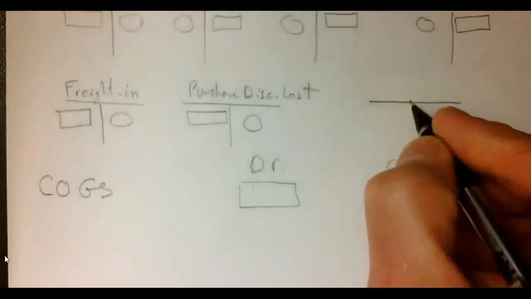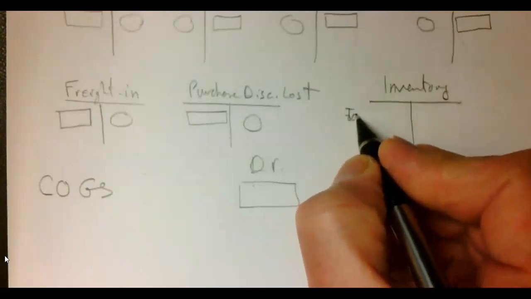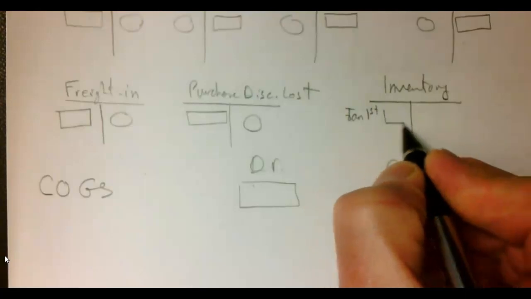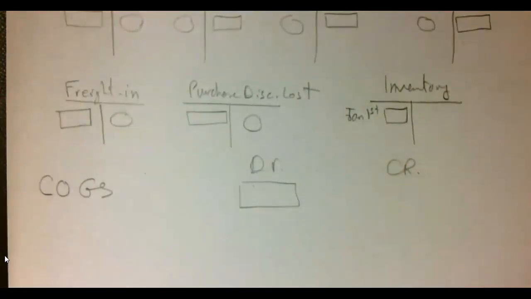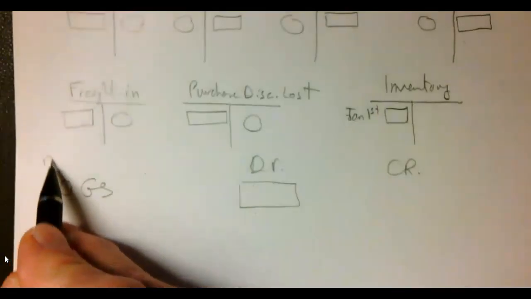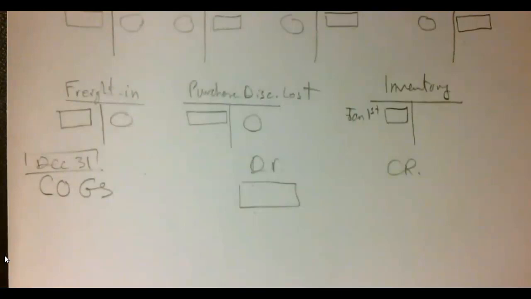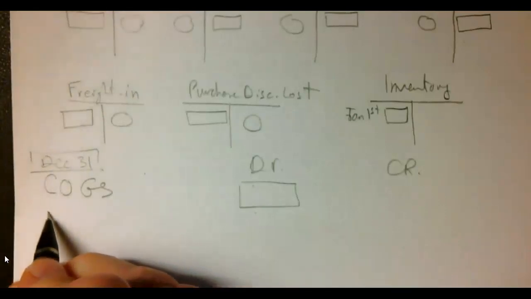And remember the inventory T account, I said that's still the January 1st balance. That inventory needs to be updated because it's still showing January 1st, the balance that came from last year's balance sheet of December 31st. In order to update all this, the cost of goods sold needs to be debited at the end of the year, on December 31st.